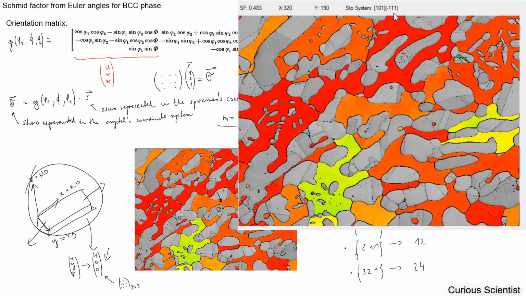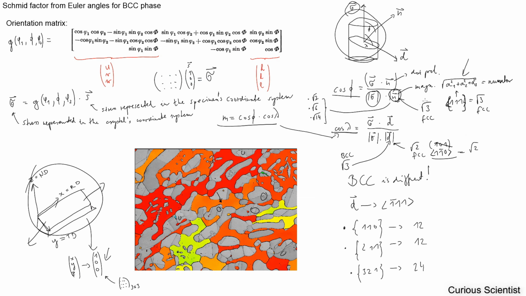And then we used these 2 equations to get the components of the Schmid factor, and then the product of these 2. So we multiplied them with each other, and then we got the Schmid factor, and then we just put those values on a map, and then we could get everything. So this is how you get from the Euler angles to the Schmid factor values for the BCC system.